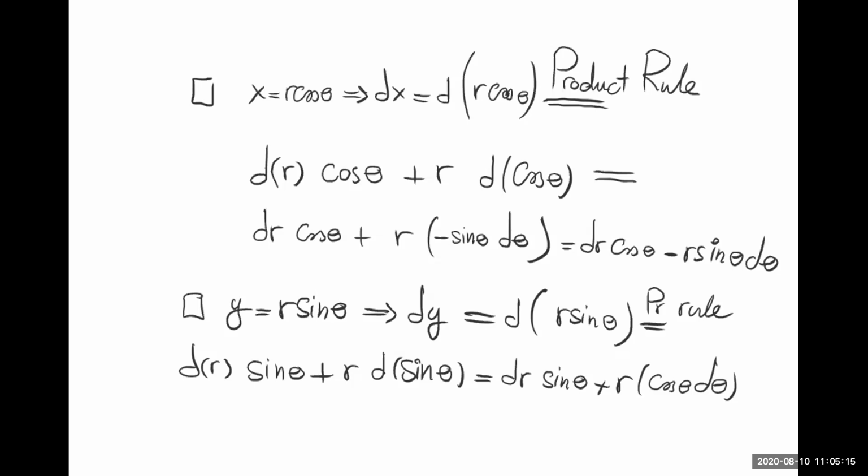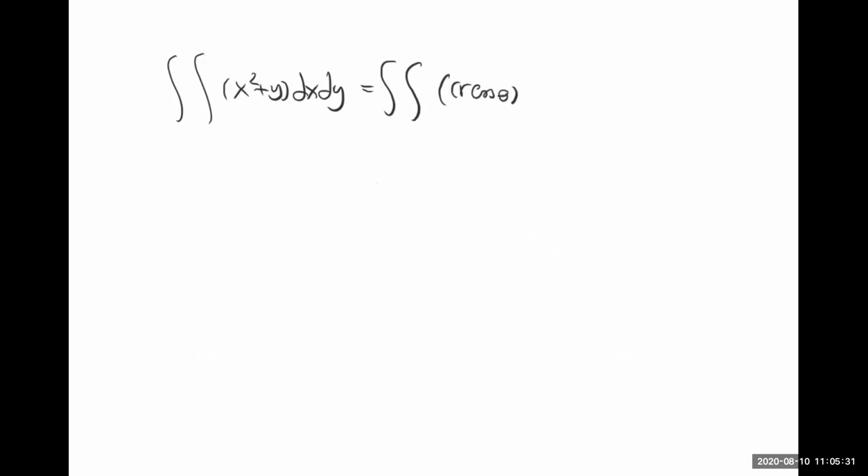When I do a change of variable, I should do it in everything. So here I have a function x squared plus y, dx dy. x squared is equal to (r cosine of theta) squared. y is equal to r sine of theta. Instead of dx and dy, I should write what I computed in the previous slide.